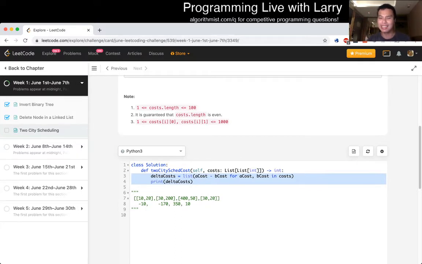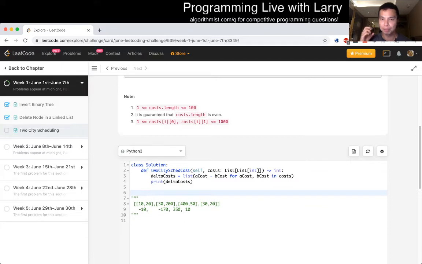And some of these angles are going to be not useful directly, but some of these angles will allow you to be like, okay, now that I visualize the delta cost like this, does it make sense? Initially, maybe it makes sense to have negative 170 first, but for 350, that item really makes sense to be put in B first and other stuff, right? So, okay, that's kind of my idea around constructing this greedy algorithm.